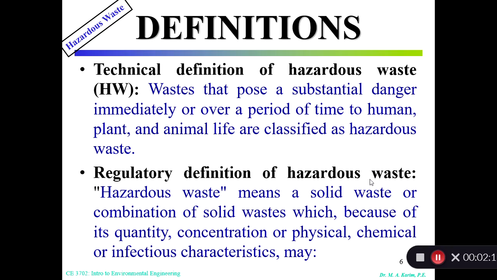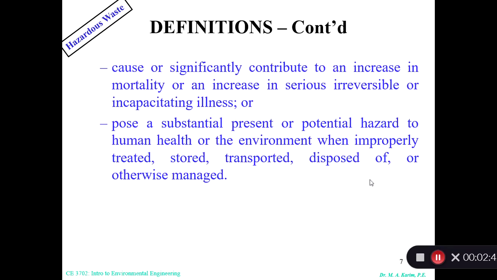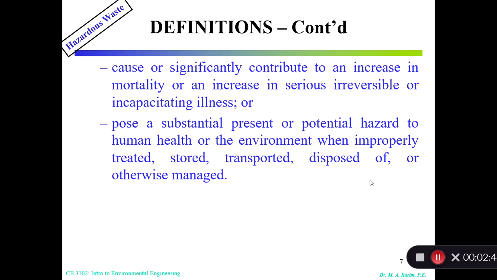So here are the technical definitions of hazardous waste: waste that poses a substantial danger immediately or over a period of time to human, plant, and animal life is classified as hazardous waste. The regulatory definition is a little bit longer. Hazardous waste means a solid waste or combination of solid wastes, which because of its quantity, concentration, or physical, chemical, or infectious characteristics may cause or significantly contribute to an increase in mortality or an increase in serious, irreversible, or incapacitating illness.